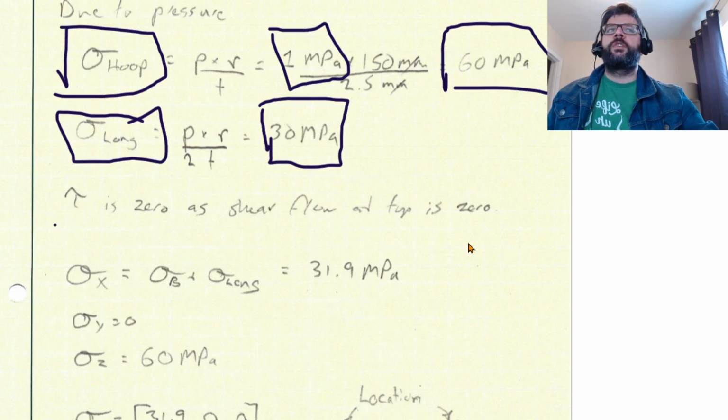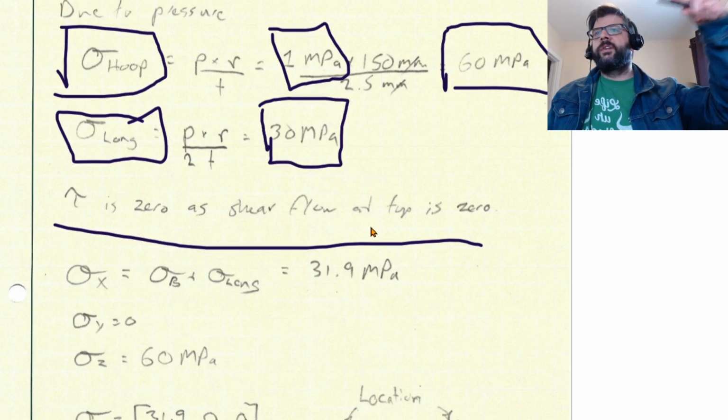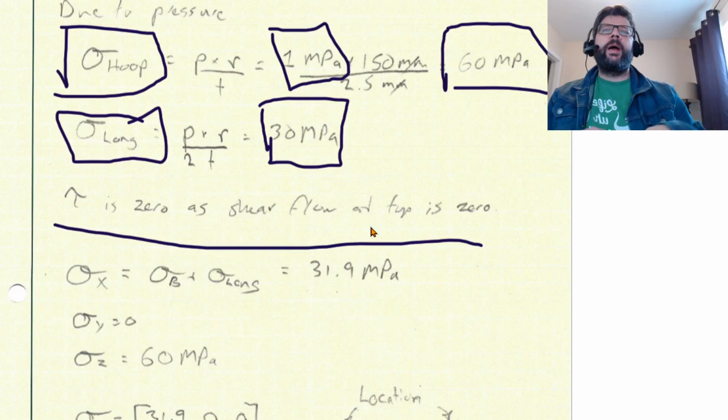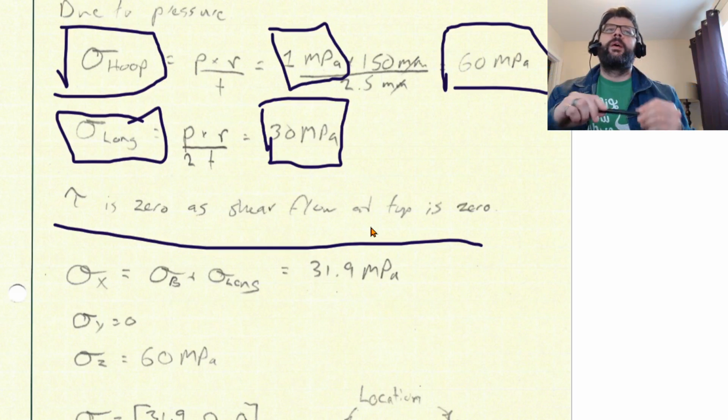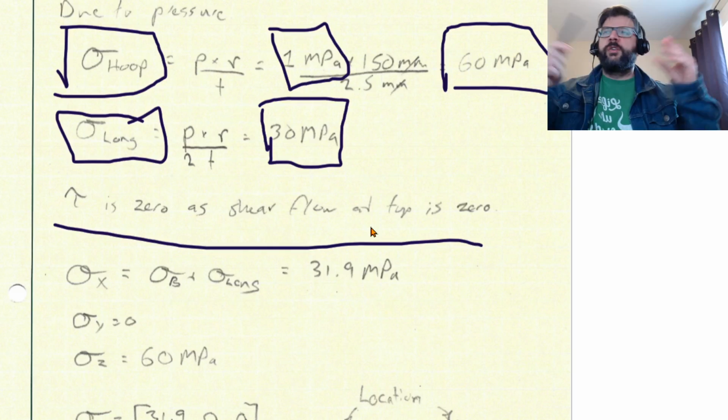And shear stress, so at the top of the cylinder, our shear stress is 0. This is why when we're doing bending calculations and trying to figure out where the bending stress is the worst, we typically ignore what the shear stress is, because the shear stress is always going to be 0 at the top, because the shear flow is 0 at the top.